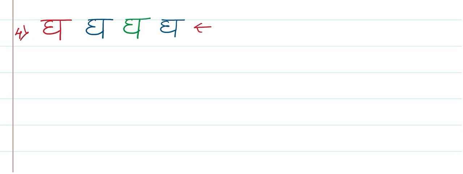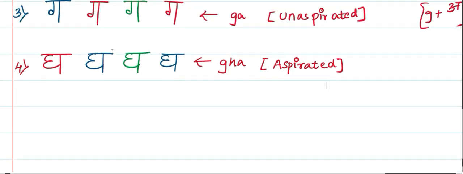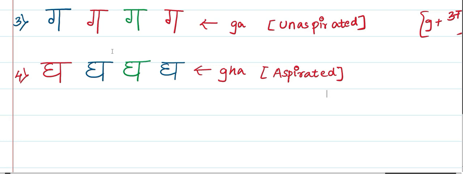So let's learn the pronunciation. The pronunciation of this letter is gh, aspirated. Aspiration is nothing but a puff of air coming out of your mouth. So gh. If I say the third one is g and the fourth one is gh.